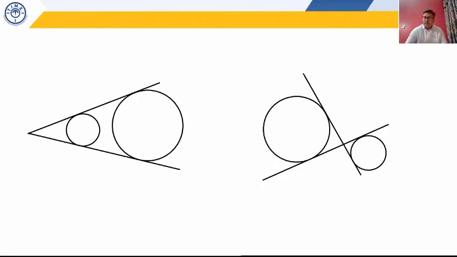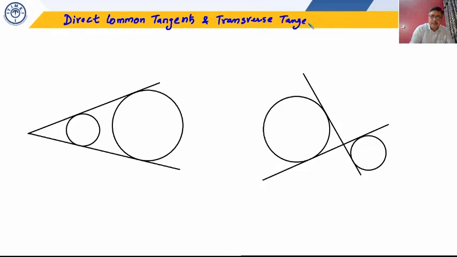Now, the next point is direct common tangent and transverse tangent. Let's say this point is P, this point is A, this point is B, this is C, this is D. Just draw the angle bisector.